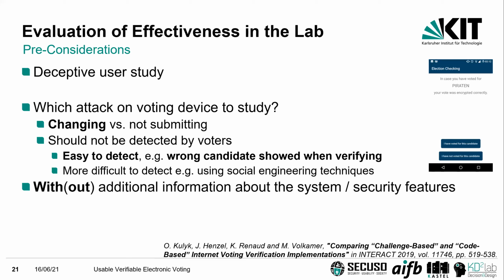Most likely attackers want to change things, but make it easy for the voter. So that's why it's highlighted: easy to detect, and we did not give voters additional information. So we tried to find a balance between, on the one hand, easy to detect, but on the other hand, without additional information.